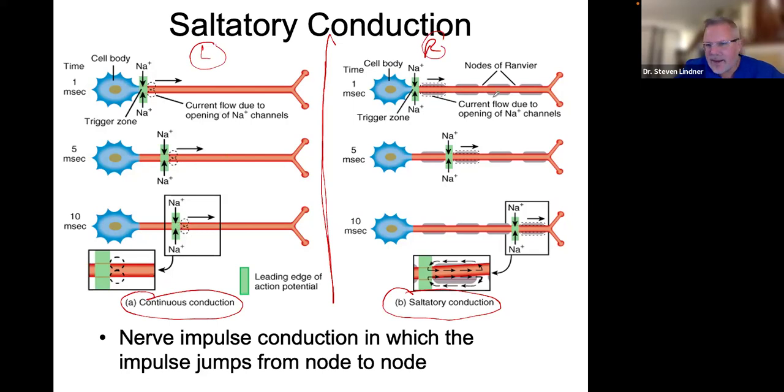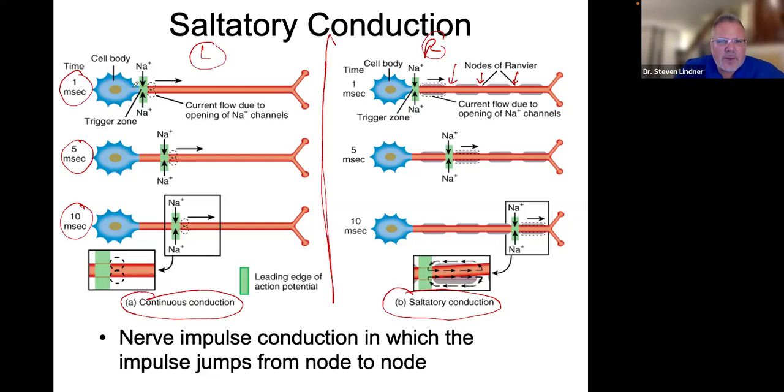If we look on the right-hand side, these axons, it looks like these are Schwann cells. And you see we got the node of Ranvier, which are the unmyelinated gaps, those sections. So if we look at the time, this is 1 millisecond, 5 milliseconds, and 10 milliseconds.